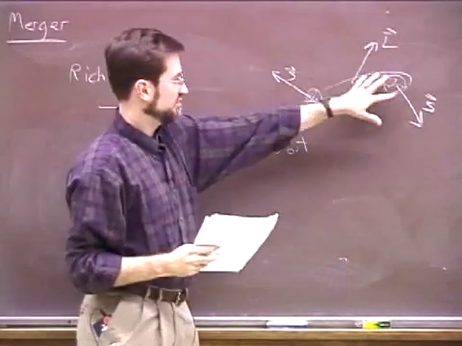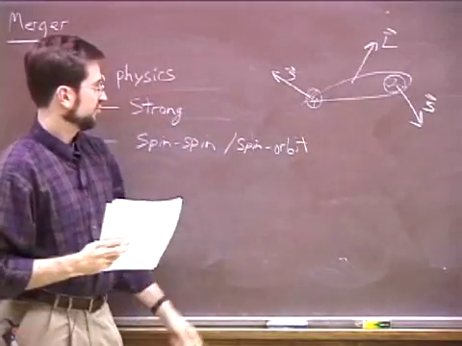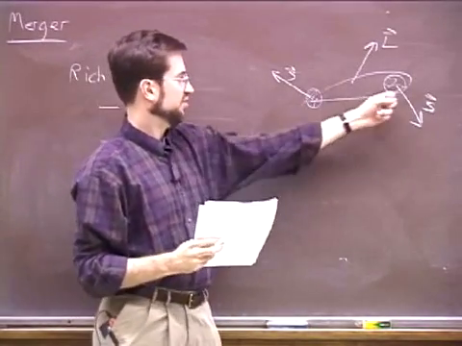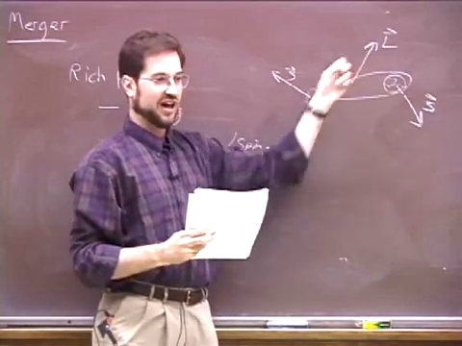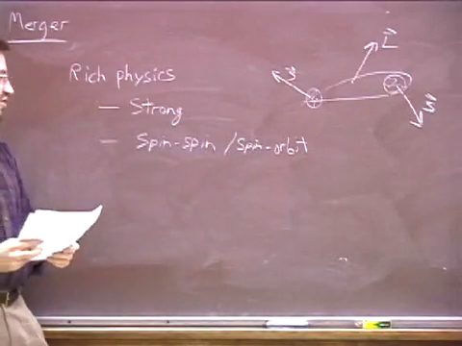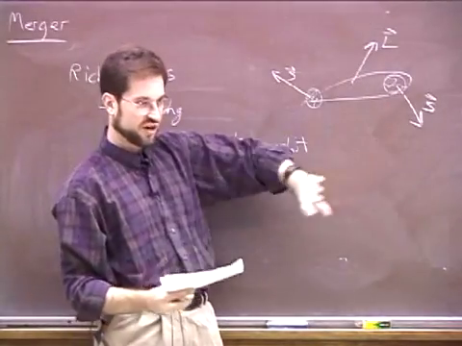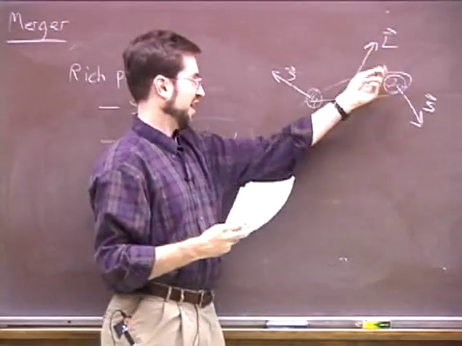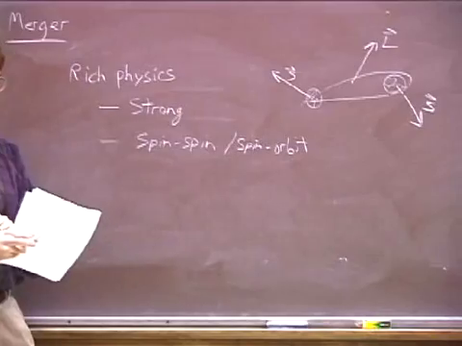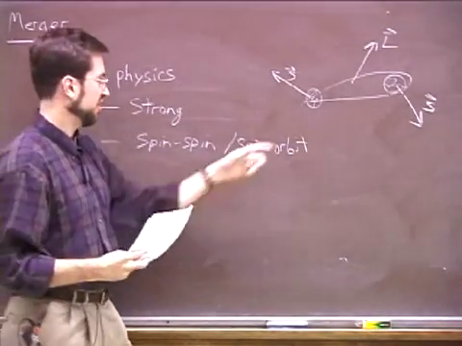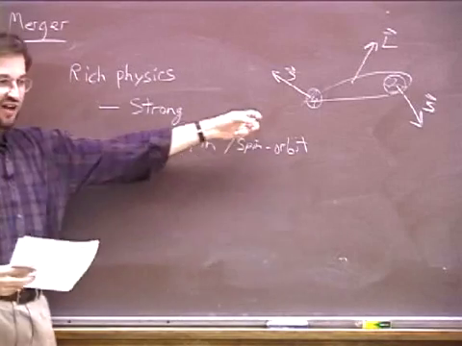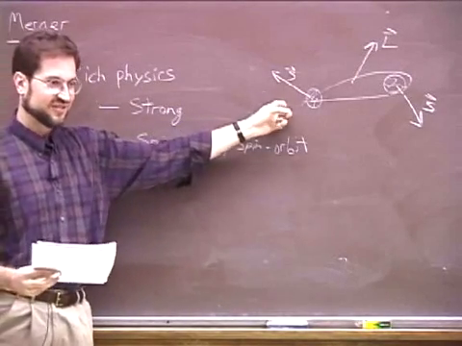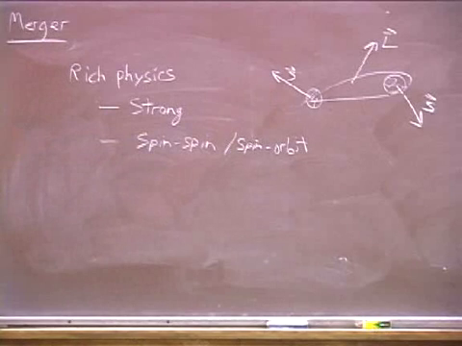And as these guys come together, there's going to be interactions both between the individual spins of the holes and between the spins of the holes and the orbital angular momentum. So you're going to see such things as these spins are going to want to align with each other, and they're going to want to anti-align with the orbital angular momentum. So the spins might be flipping around and doing all kinds of complicated stuff that we don't actually know the details of. But you can guess qualitatively what's going to happen.